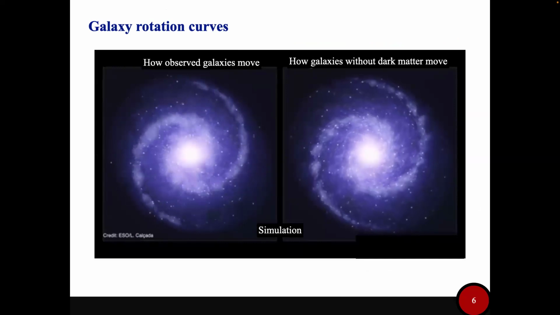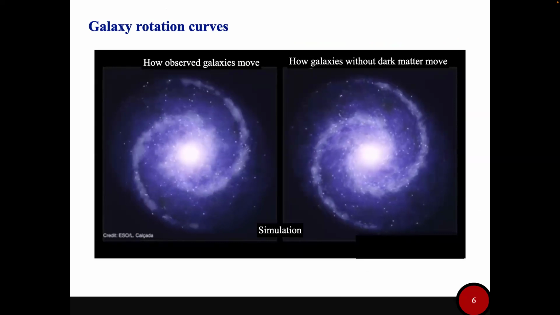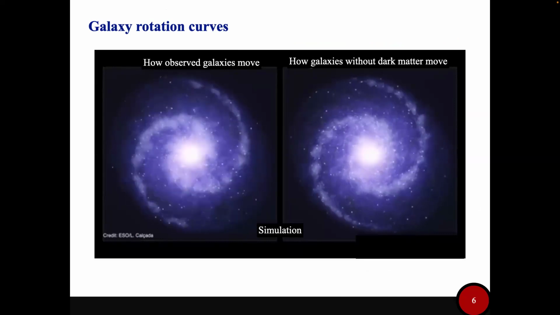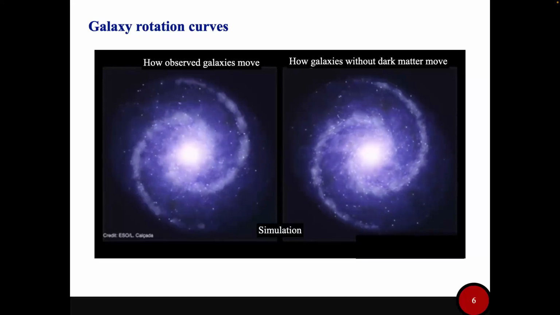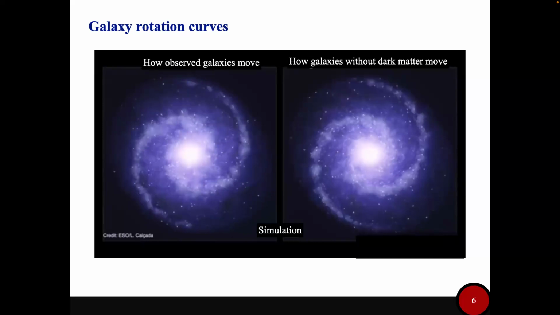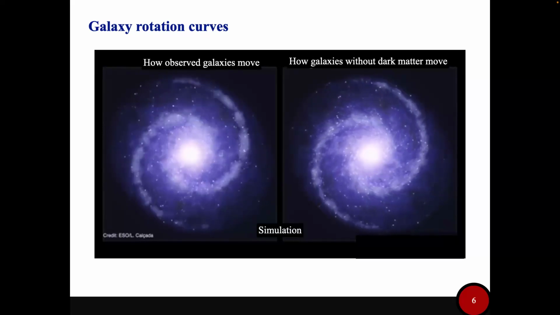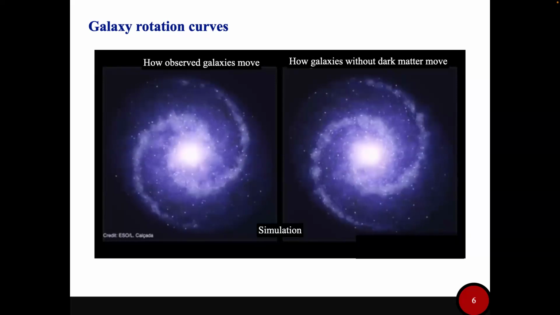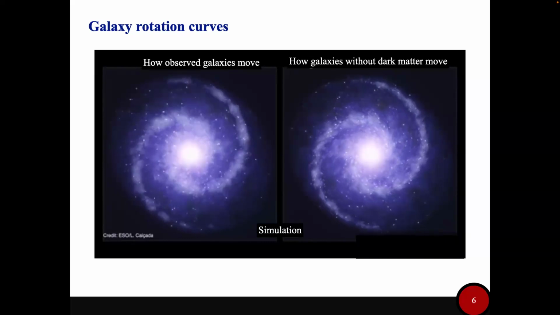But then if I put the same thing but with dark matter in a simulation, I would see something like this, where the center rotates almost as fast as the outer parts of the galaxy. Now, the simulation actually ends up matching our data, and this gives us an idea that our intuition that dark matter exists is actually a real thing and not just in our imagination.